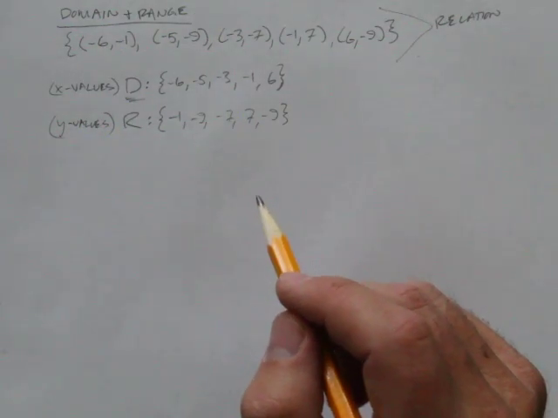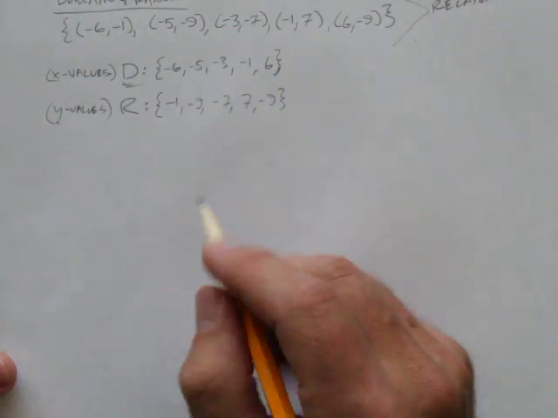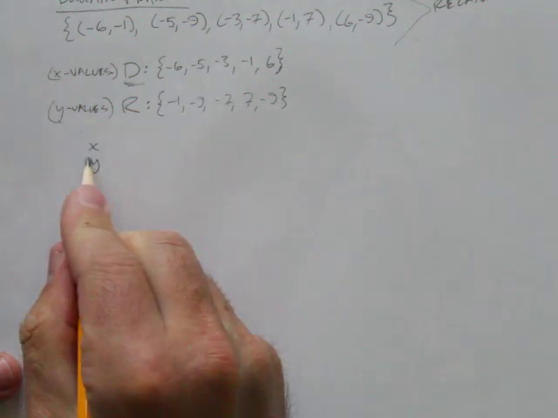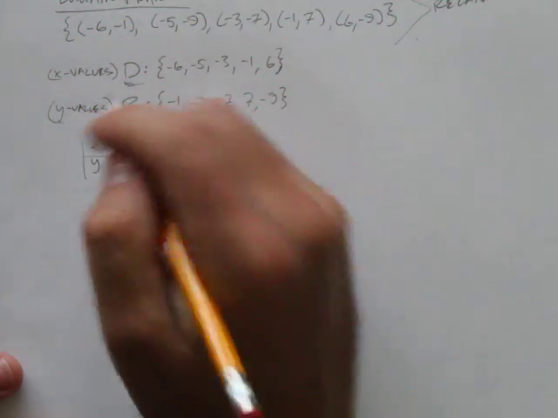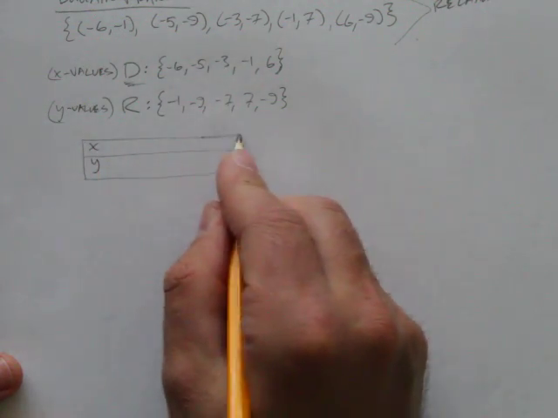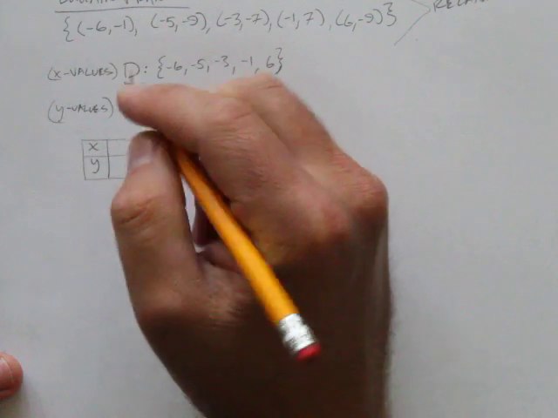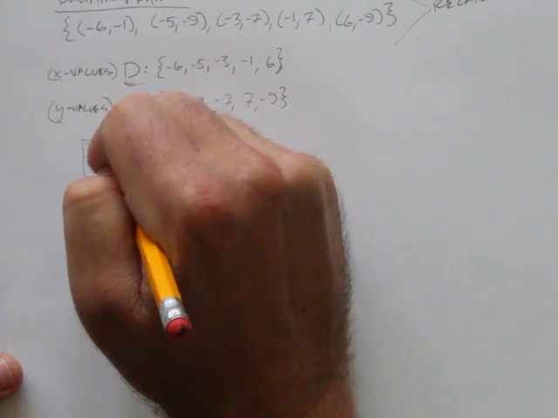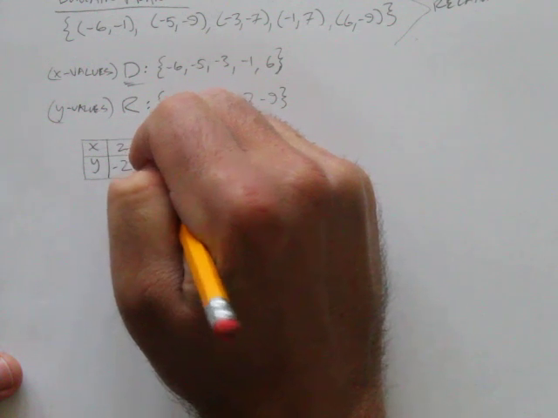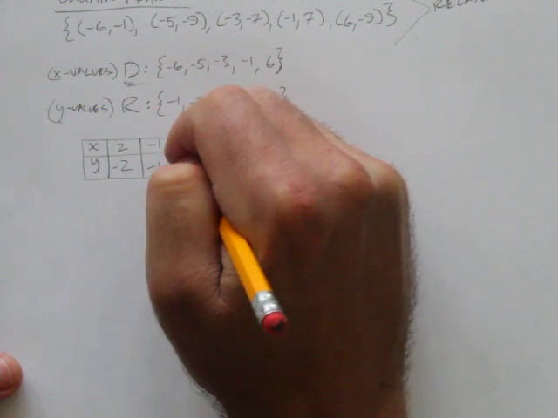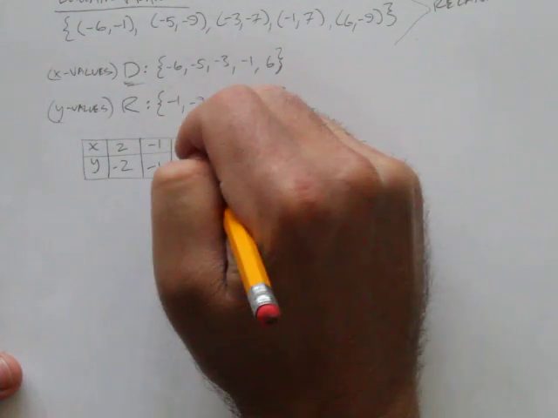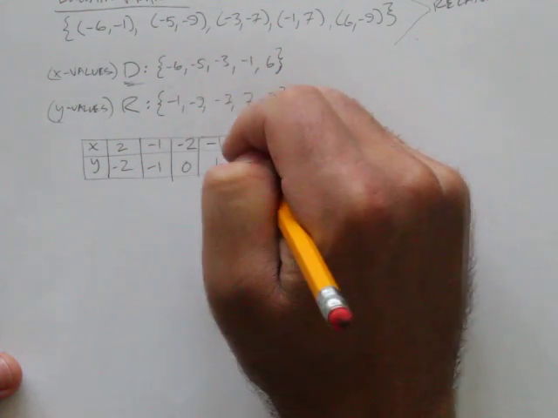Now, let's look at another way you might see our x and y values, in a table that's sideways like this. So when x is 2, y is -2. When x is -1, y is -1. When x is 2, y is 0. When x is -1, y is 1.